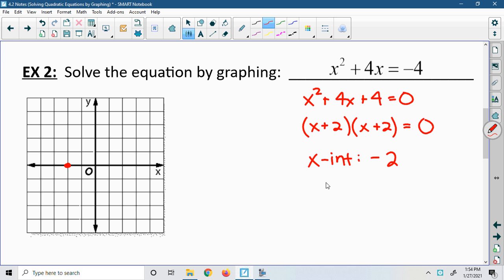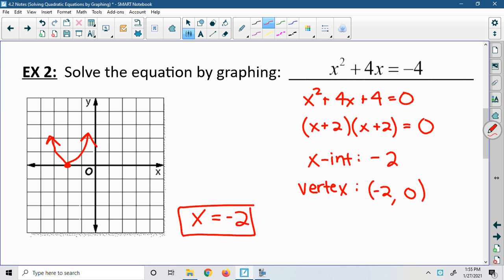When that happens, when there's only one x-intercept, you know that point is actually your vertex. That's the only way there can be one intercept, is when your vertex is right on the x-axis. Without plugging in other points, we know the parabola is going to look something like that, but we already found what we needed to anyways. So x equals negative 2 is the solution to this equation.